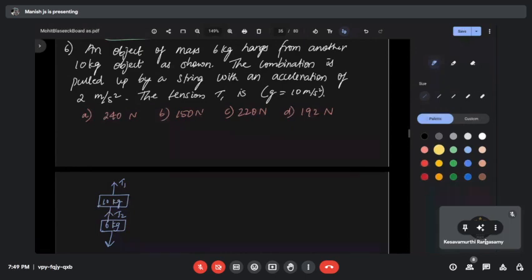The system itself is being pulled up. That is what they mean in the question. The entire system of 10 and 6 kg together is being pulled up with an acceleration of 2 meters per second square.